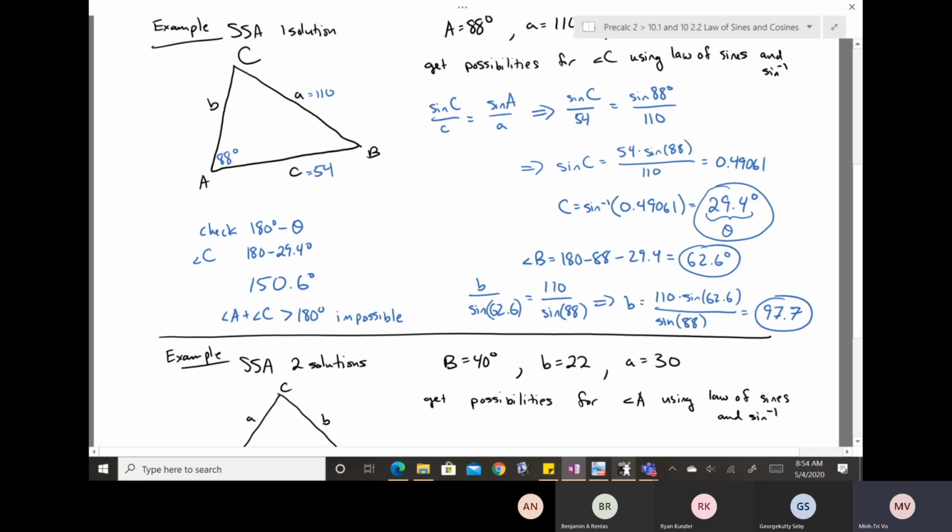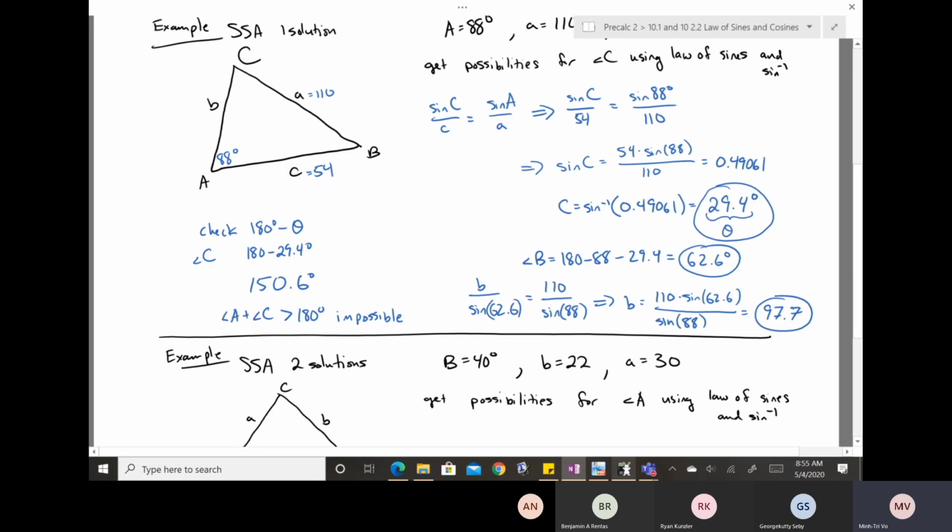Okay, so this was the case where you only have one solution because the obtuse angle for C is impossible, right? And so again, you can compare the size and angles to make sure at least there's no problems there, right?